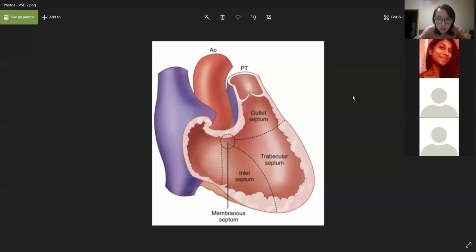Doubly committed juxta-arterial. So these are the synonyms for outlet. Outlet: supracrystal, subarterial, subpulmonary, infundibular, conal, doubly committed juxta-arterial.